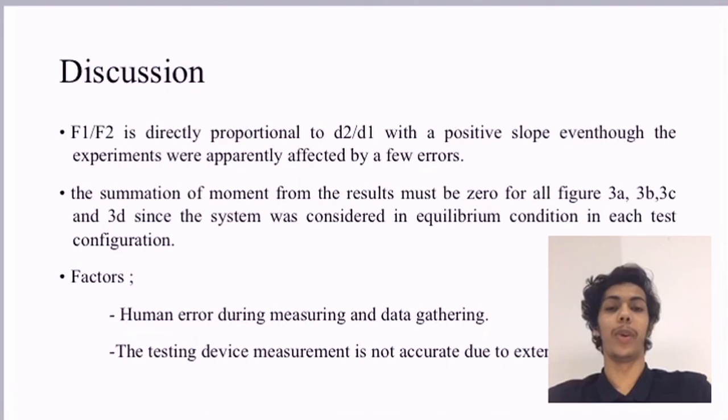When a body is in equilibrium, the sum of the anti-clockwise moments about any point is equal to the sum of the clockwise moments. In other words, the summation of moments is 0. And the factors that may influence the experiment are human error during measuring and data gathering, and the testing device measurement is not accurate due to extensive usage.